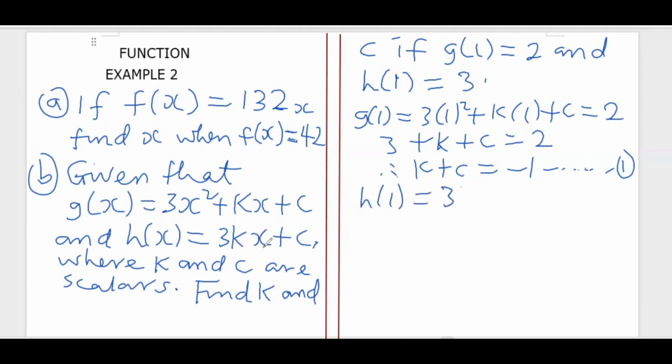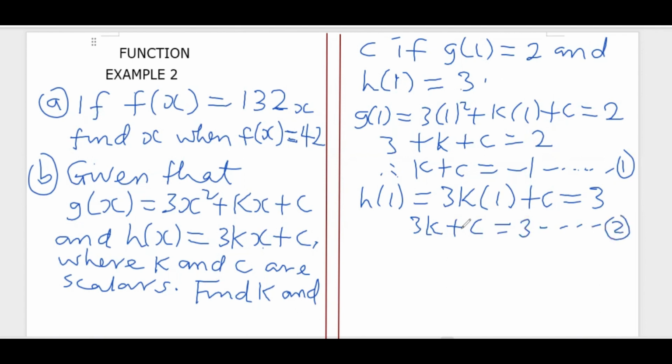That will be 3k multiplied by the value of x, which is now 1, plus c, and the result is 3. So let's simplify this. We have 3k times 1, that is 3k, plus c equals 3.